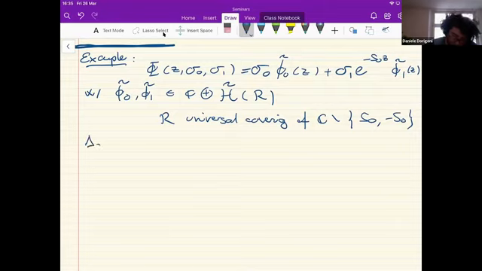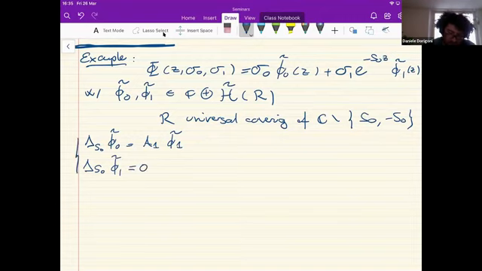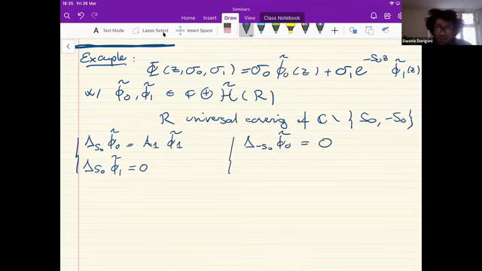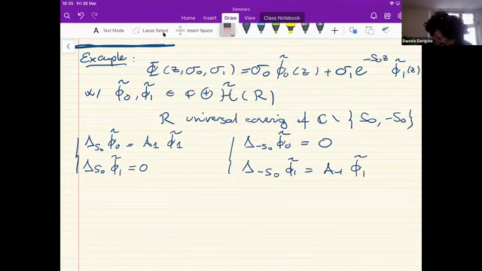So if you repeat a very similar analysis in this case, you can see that the alien derivative of one is captured by the other in the positive direction, and the alien derivative of the second is vanishing. And the same goes on in the opposite direction. The alien derivative of phi 0 is 0, and the alien derivative of phi 1 is minus 1, phi 1 tilde. Sorry, not phi 1, it's phi 0.